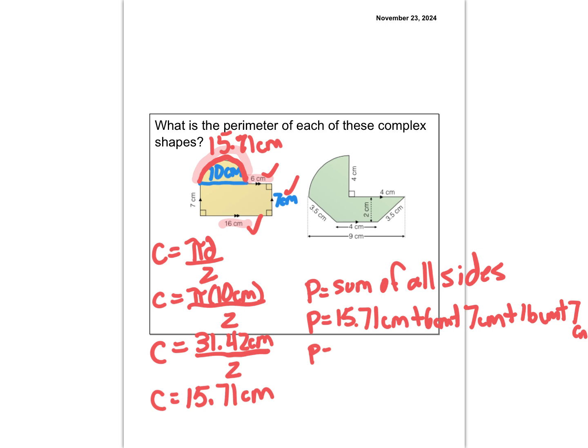So when we add that all up, 15 and 71/100 plus 6 plus 7 is 13, plus 16, plus another 7. I've got 51 and 71/100 centimeters.